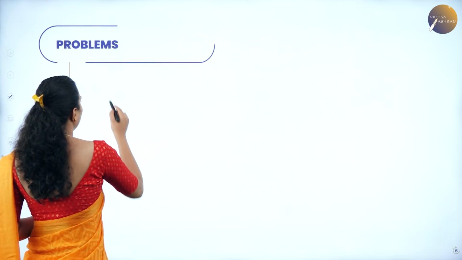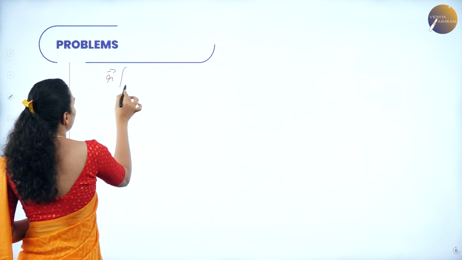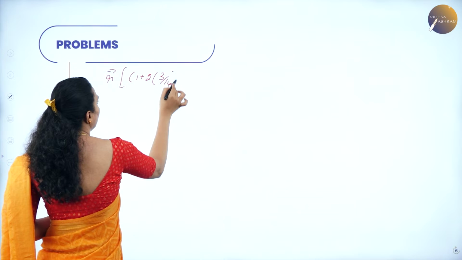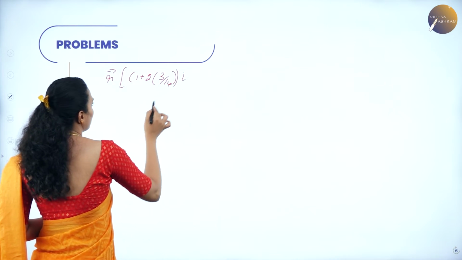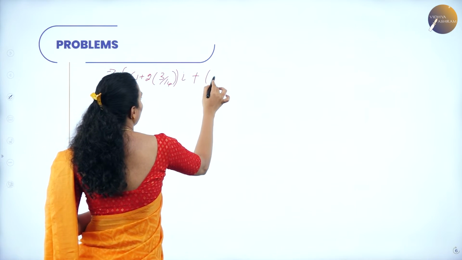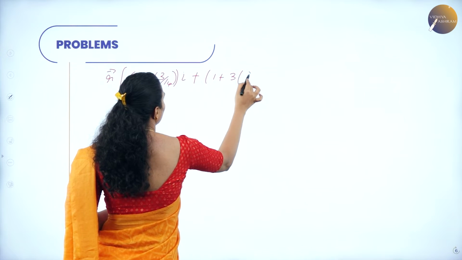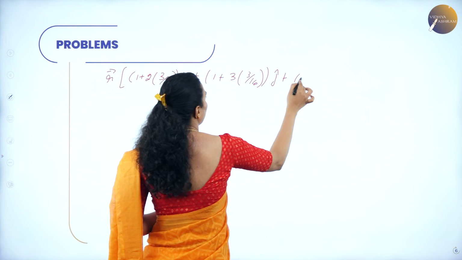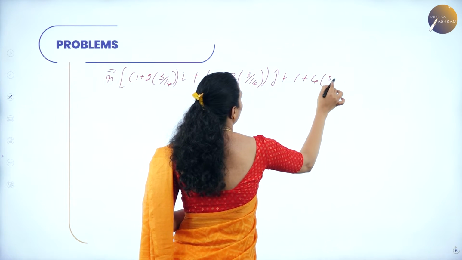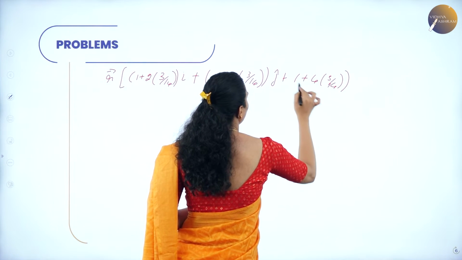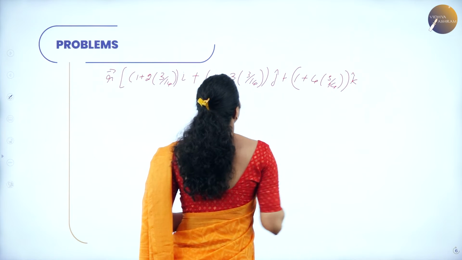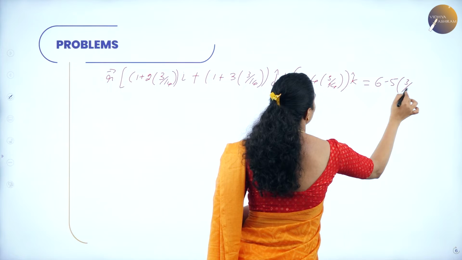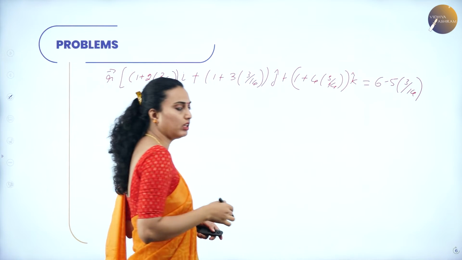So I can get R vector into 1 plus 2 lambda, where lambda value is 3 by 14, into i, plus 1 plus 3 lambda, 3 into 3 by 14, into j, plus 1 plus 4 lambda, 4 into 3 by 14, into k, is equal to 6 minus 5 lambda, where lambda value is 3 by 14. Okay, this is equation 1.